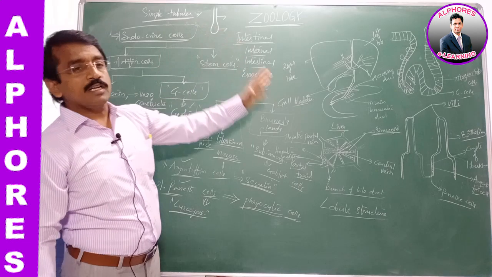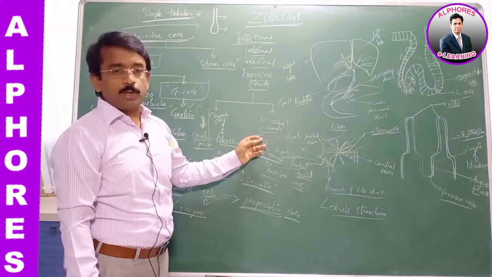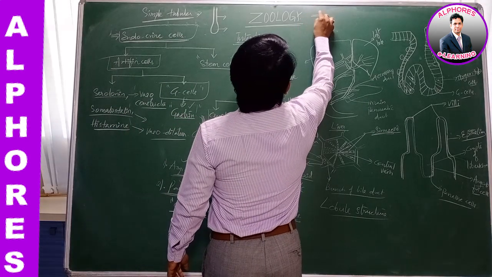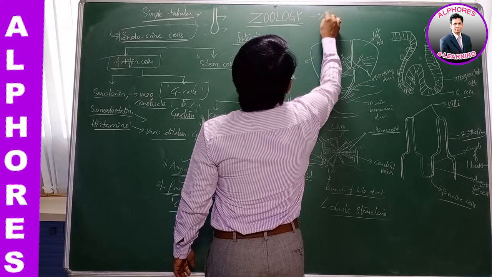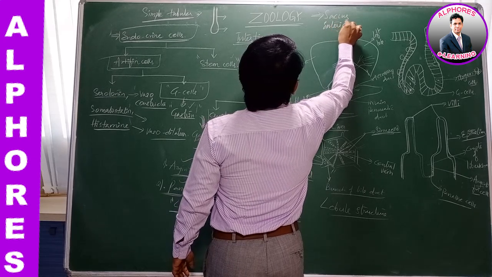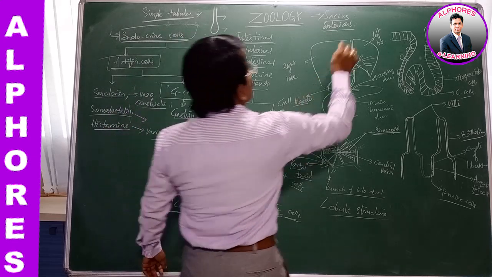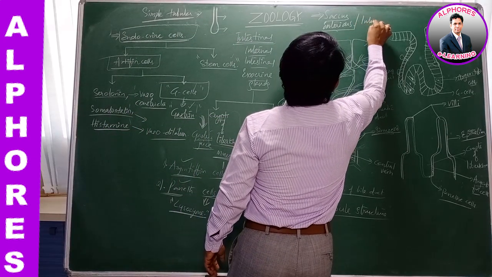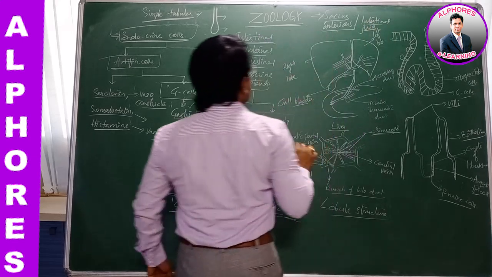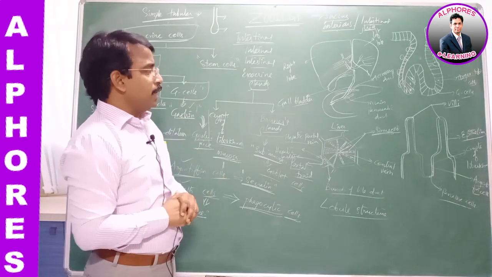The intestinal glands, which include the crypts of Lieberkühn and Brunner's gland, together secrete the alkaline secretion named the intestinal juice, or Succus entericus. Generally, the mucus is secreted by the goblet cells.